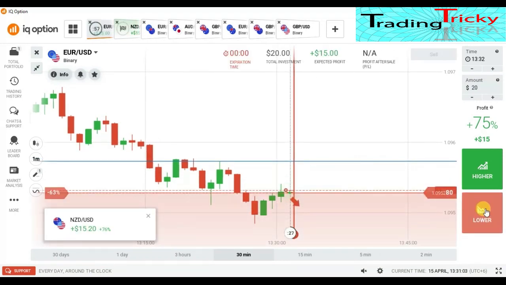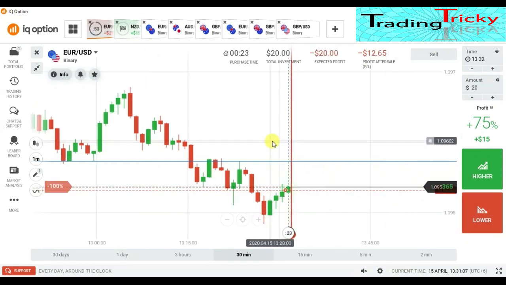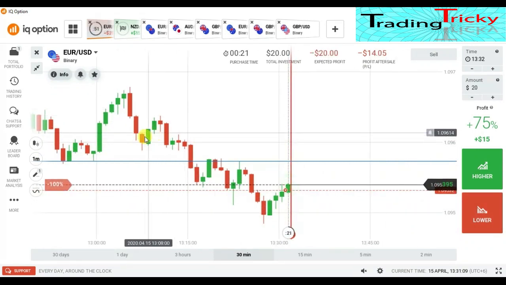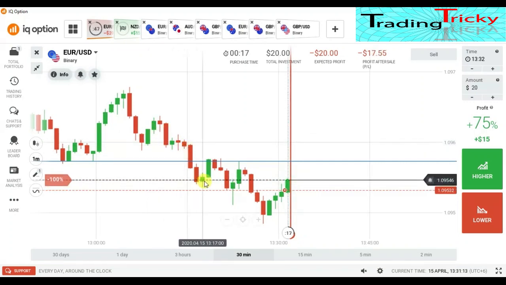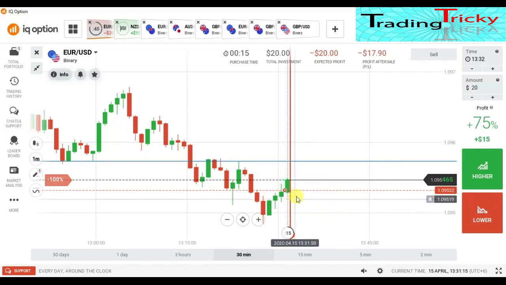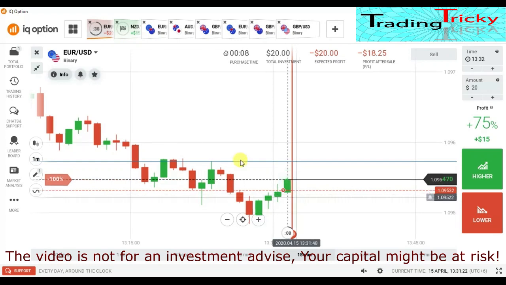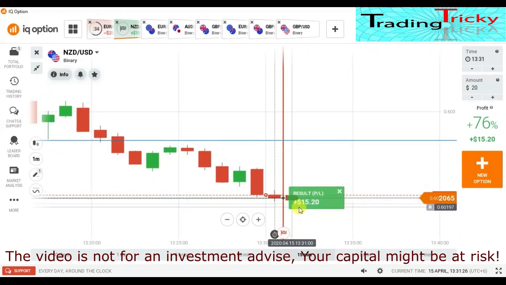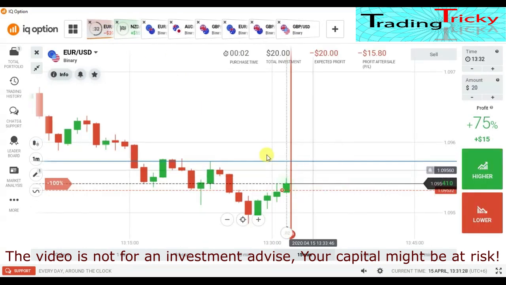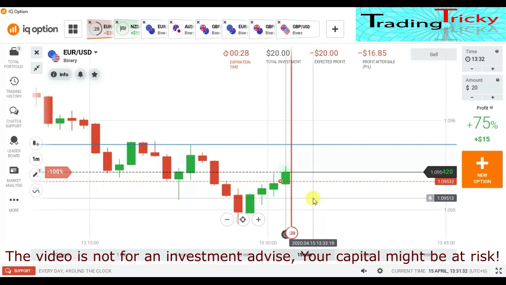I'm going to place a lower option here because if you observe this market, you see buyers, a few buyers' entry, again sellers, a few buyers' entry, sellers, the same. So here I am expecting that the market will be rejected by the sellers, and I have placed this trade. So let's close this candle.